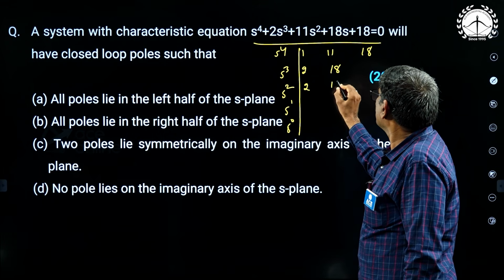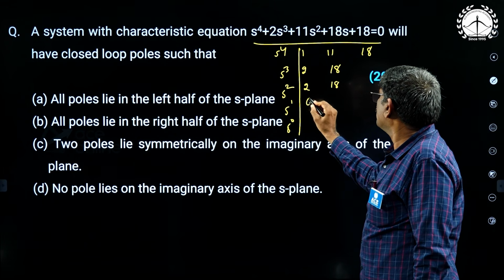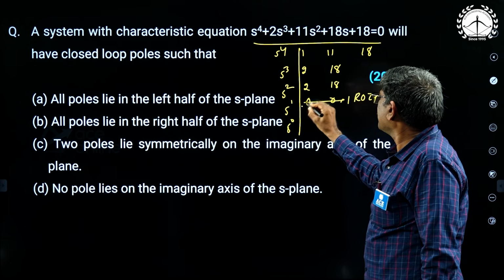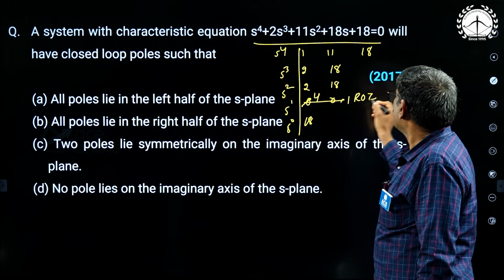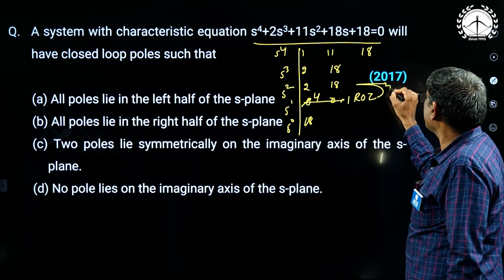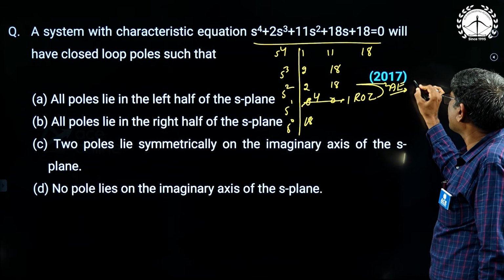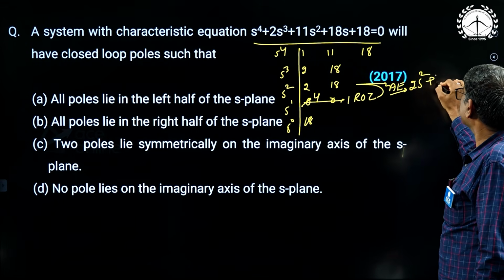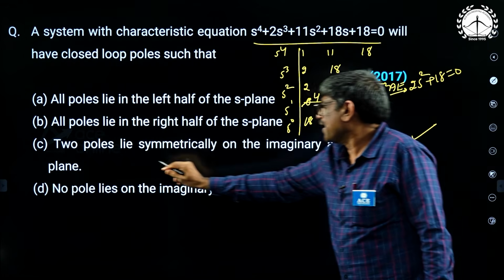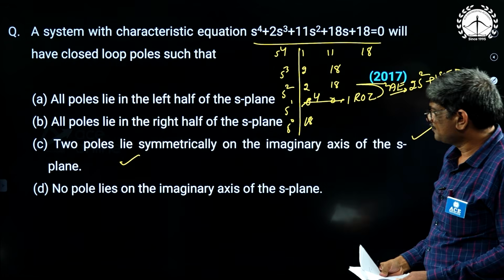Here you will get 2, here 18, here 0, 0. One row of 0 you will get. Then here it is 4, here 18. One row of 0 means 2 poles must lie on the auxiliary equation, right? Auxiliary equation second order, 2s square plus 18 equals 0. That means 2 poles must lie on what? Imaginary axis.